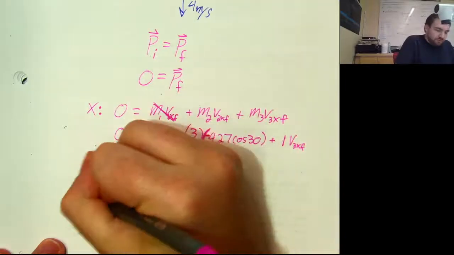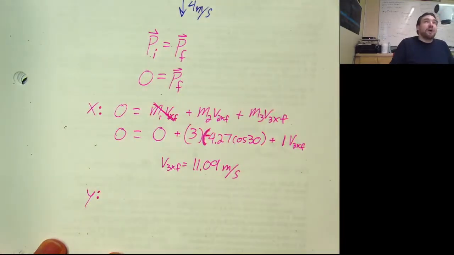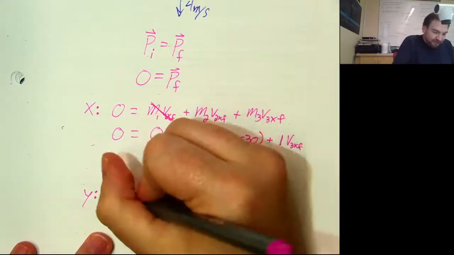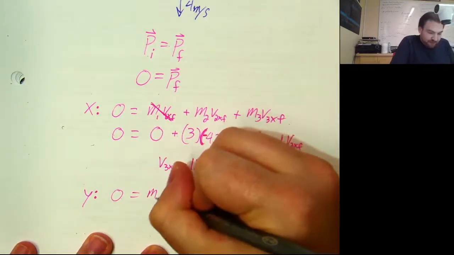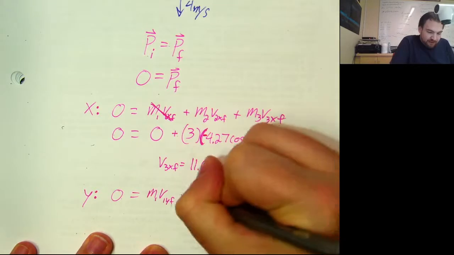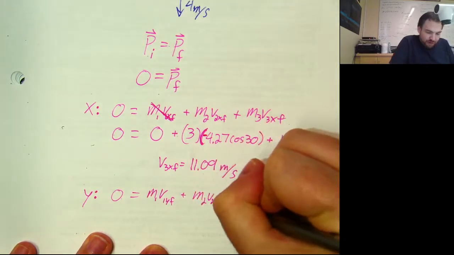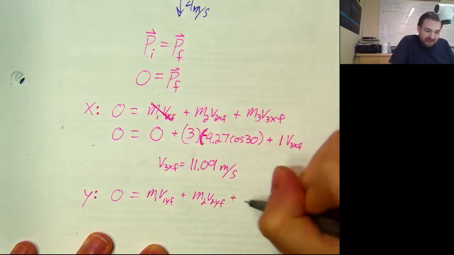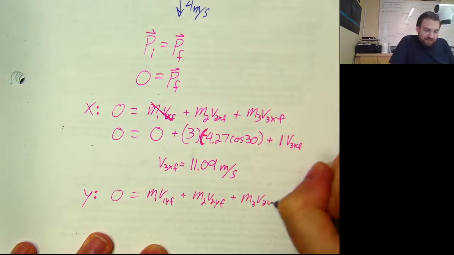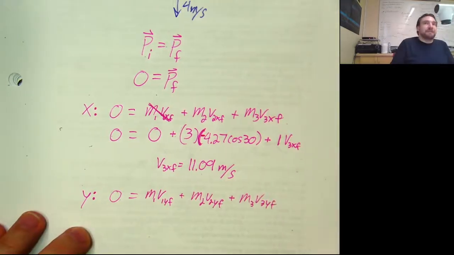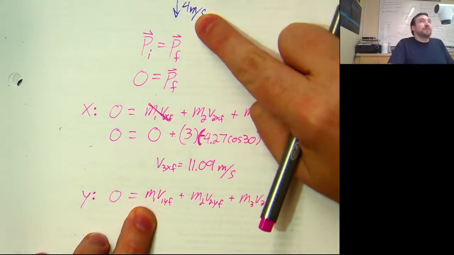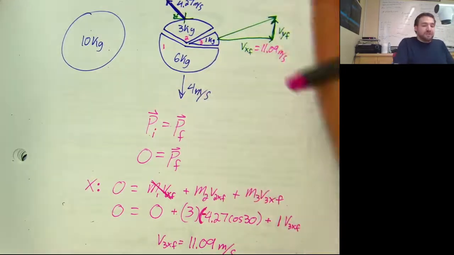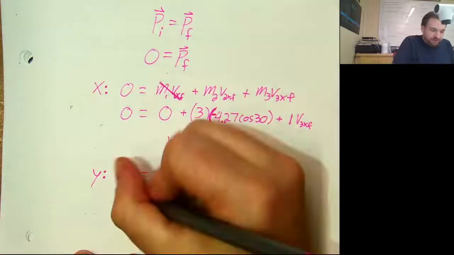So our y component is still going to equal 0. It's going to be m1 v1y final plus m2 v2y final plus m3 v3y final. And now we can just fill this thing in. Mass 1 only has the y component, so that's what's going to go in here.